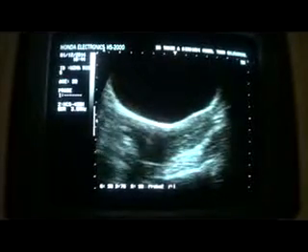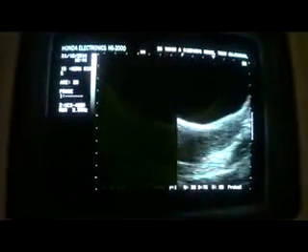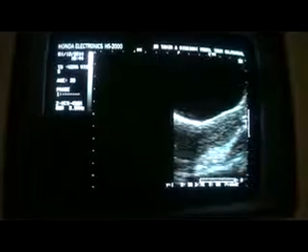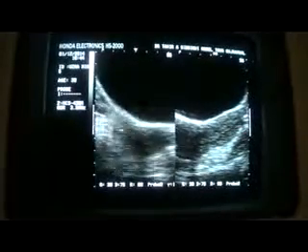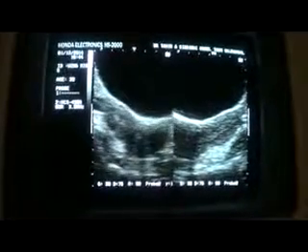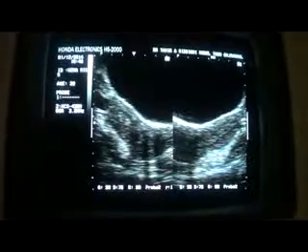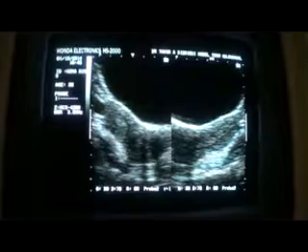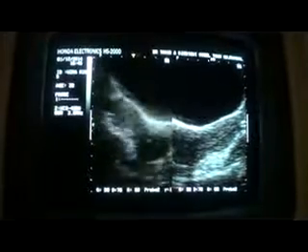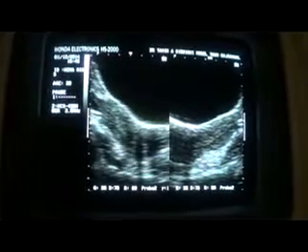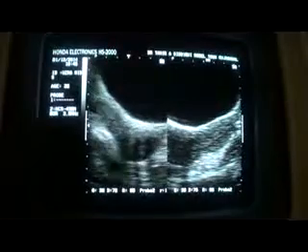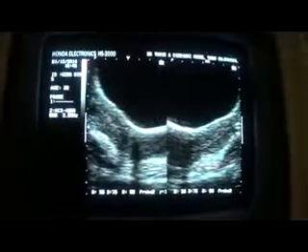Okay, left side, right side. Because these two cervixes are together, that's why the cervix appears to be bulky.